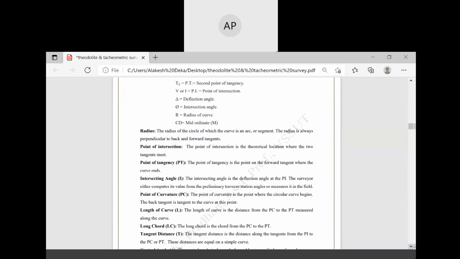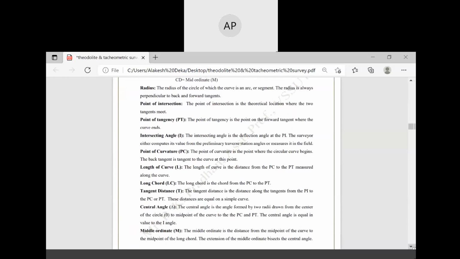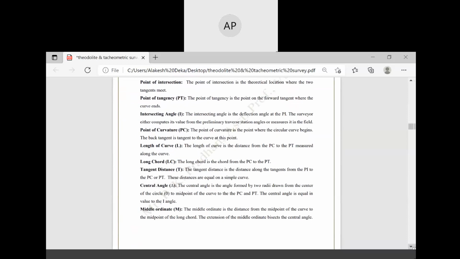The definitions of these elements are given here.